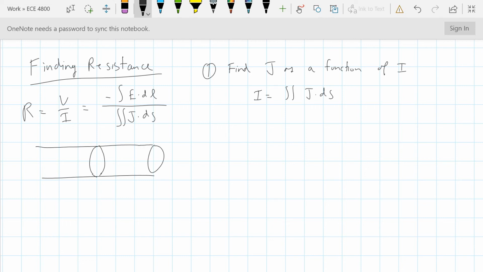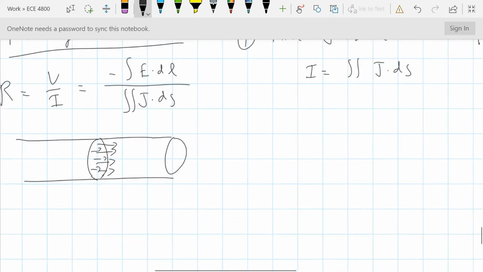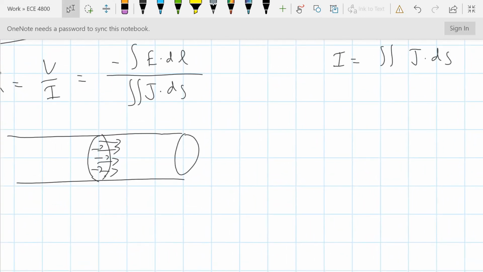Do we have a situation where the j is uniform everywhere? J is looking like this, the current density going through this cross section. Is j equal everywhere? Yeah. This is a case where you're dealing with a copper wire. There's no funny business about different conductivities in different places. This is just a copper wire with the same conductivity everywhere, so the j is the same everywhere.